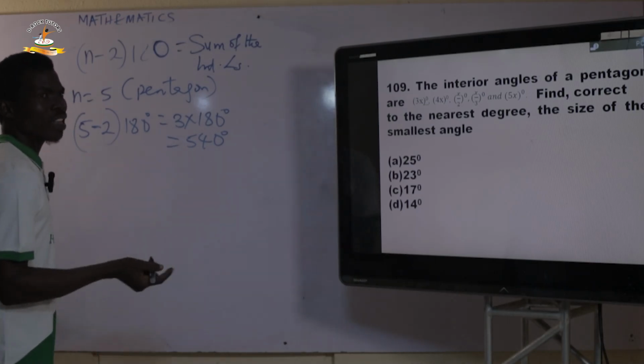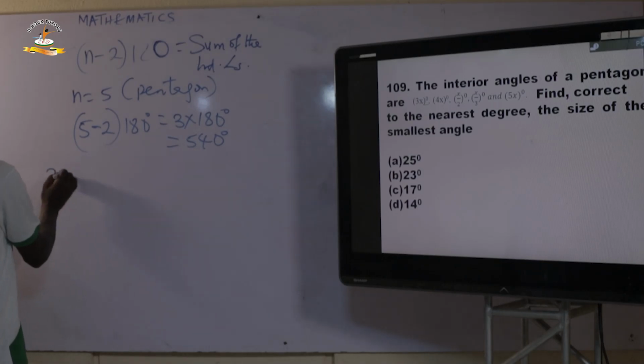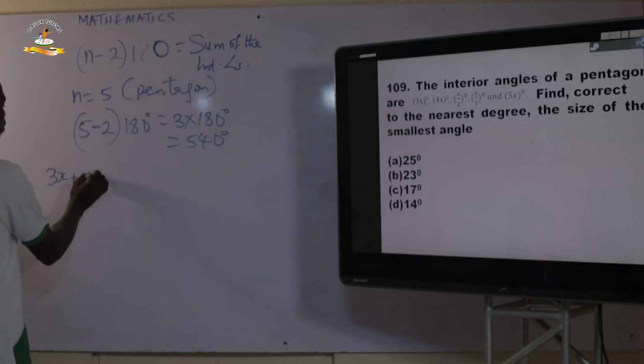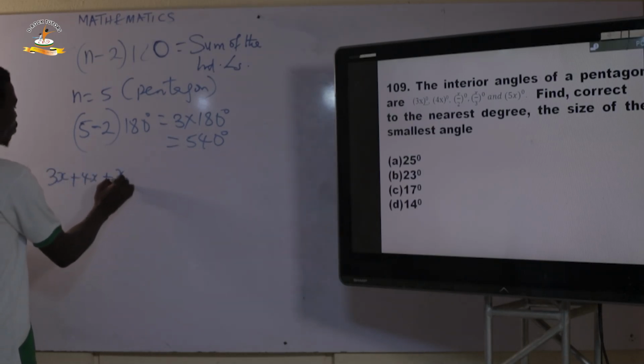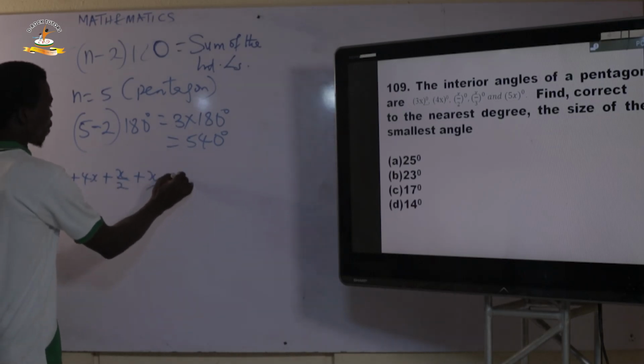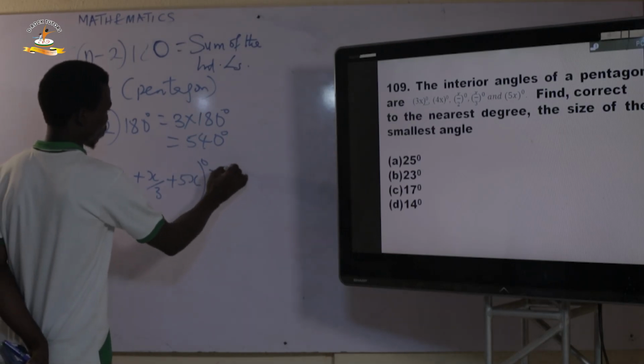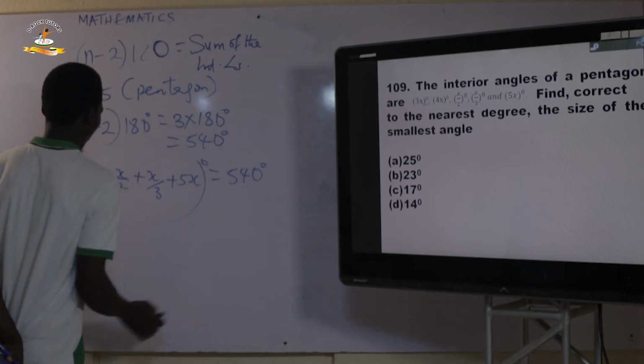So to find x, we add all the values given to us. It is 3x plus 4x plus x over 2 plus x over 3 plus 5x, all in degrees, which is the same thing as 540 degrees.